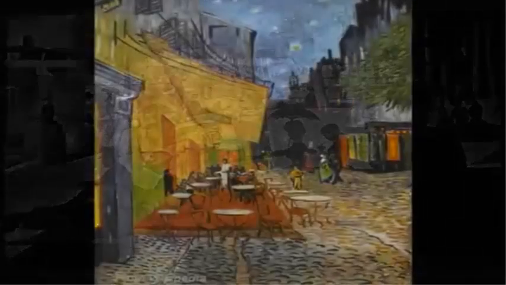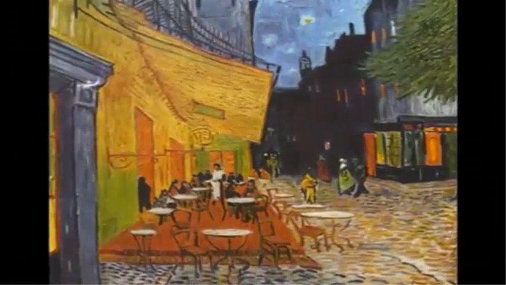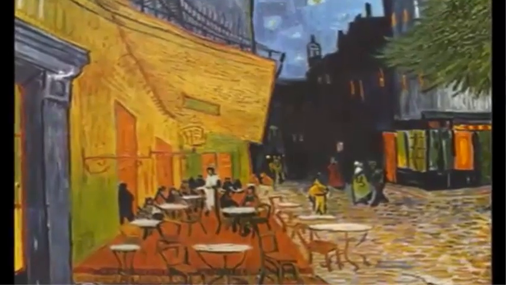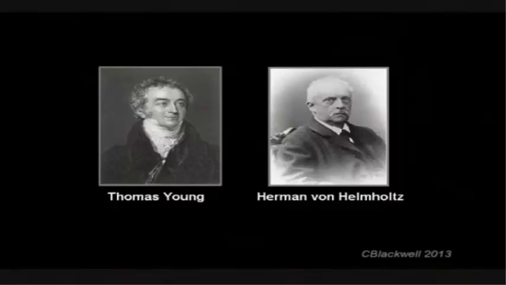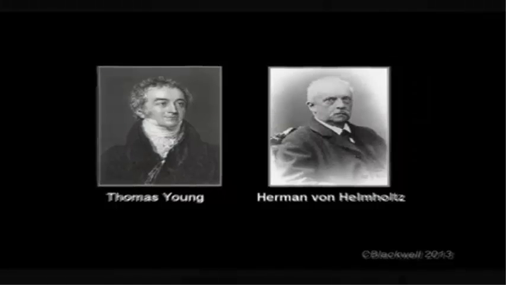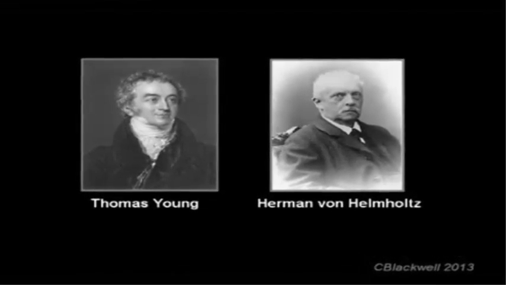Estimates of the total number of colors we can distinguish reach past 1 million. How do you sense such a wide range of colors? Historically, in the early 1800s, Thomas Young and later Hermann von Helmholtz realized your eye could not possibly hold a receptor for each color and have them all spread throughout the retina.